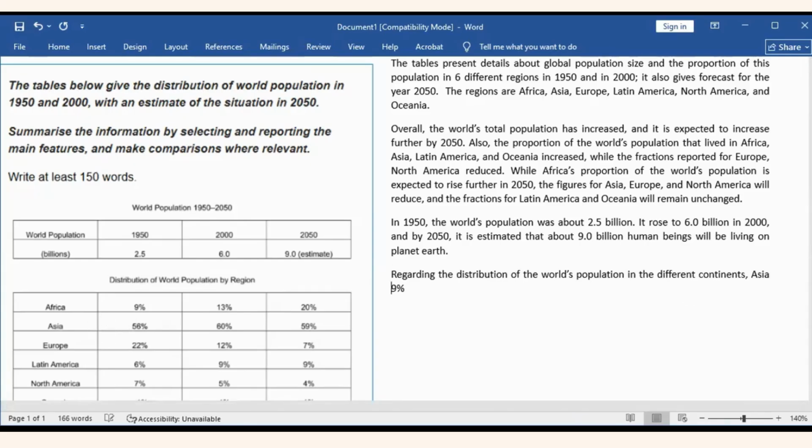Asia had the largest fraction, 56%, in 1950. Okay? So I'm starting that way. It's a little bit different. I've not used the formula. Now, I'll finish up. So I'm talking about Asia now. This is Asia here.